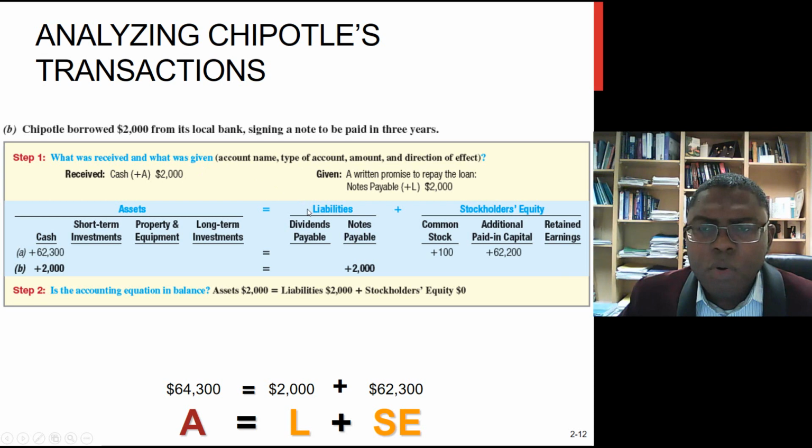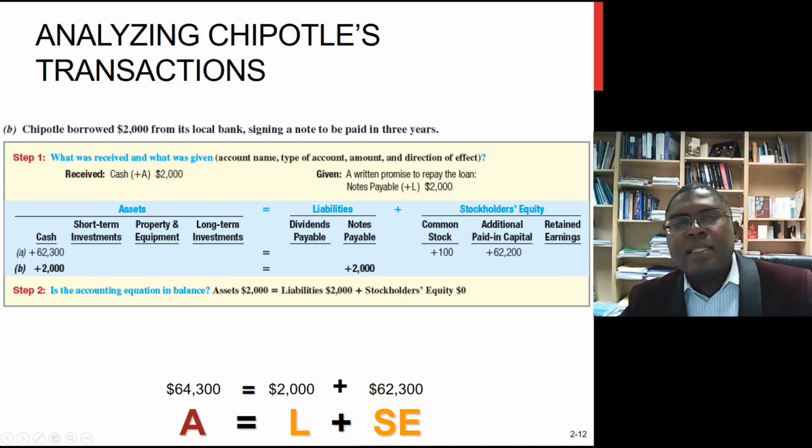The company borrowed and they signed a note, a promise to pay. So note payable is also being affected. Note payable is a liability. So liability is increasing. So plus L, liability is increasing by $2,000.